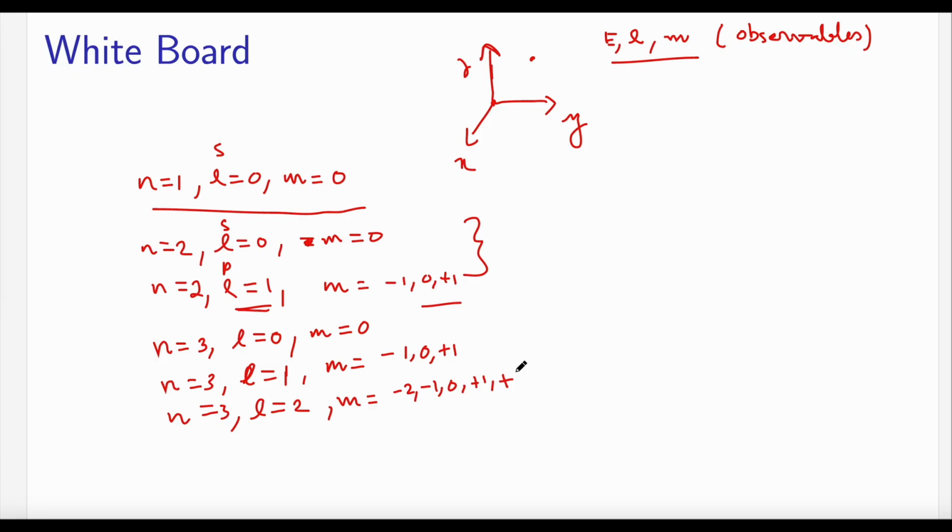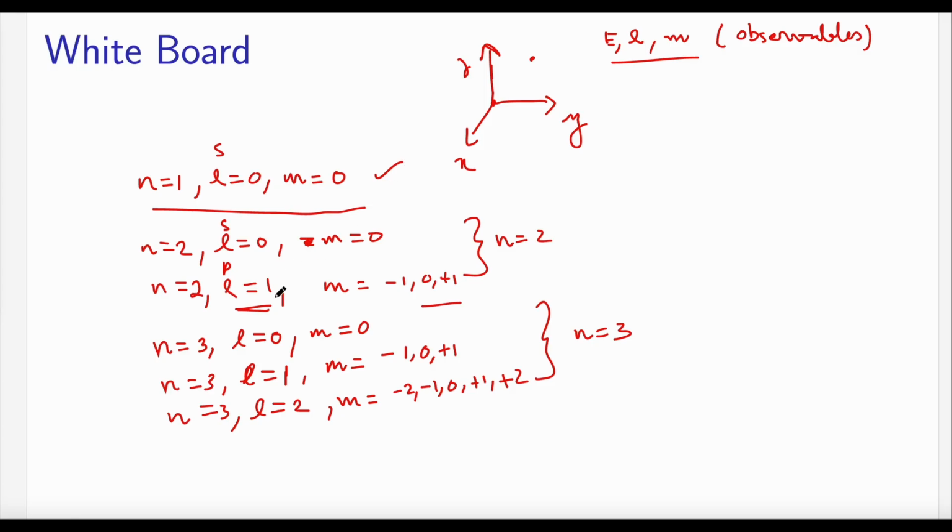That's it. So these are the states corresponding to n is equal to 3. These are the states corresponding to n is equal to 2, and this is the state corresponding to n is equal to 1.